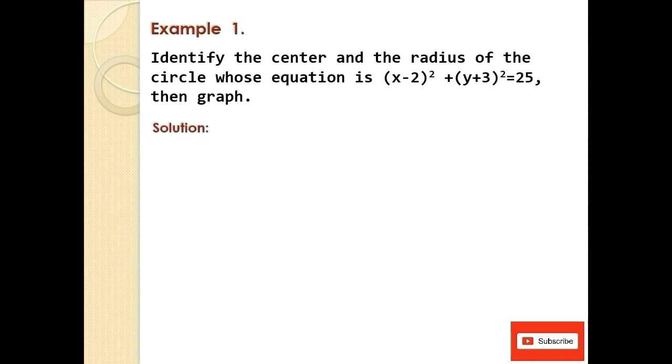Solution: we look first for the value of our h and k. Now, there is no problem if the given equation is written in the standard form, because we can immediately identify the value of our h and k. But take note, we need to get the opposite sign of our h and k.